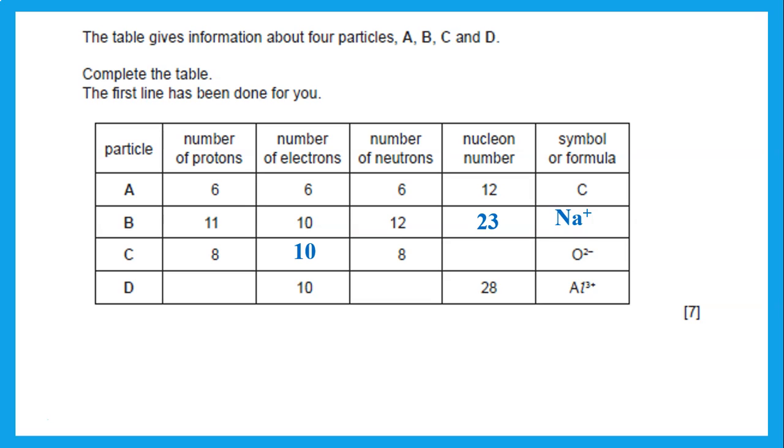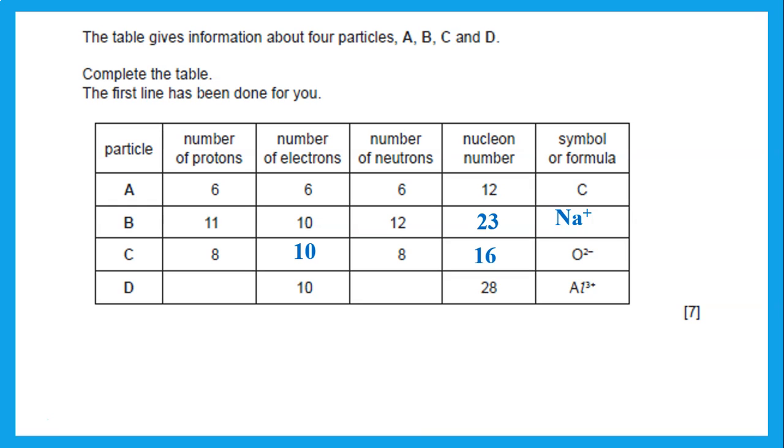It has 10 now. And that means the atom is a negatively charged particle. Now, what is the nucleon number? We said, how do I get nucleon number? Nucleon number is the same as mass number. So it's the number of protons plus neutrons. 8 plus 8 is 16.